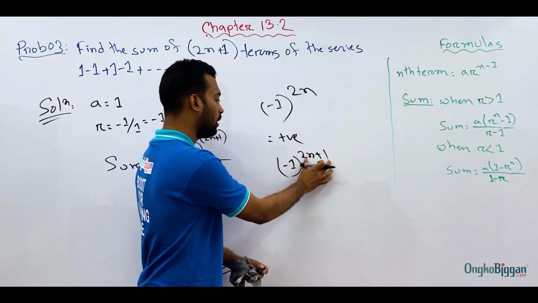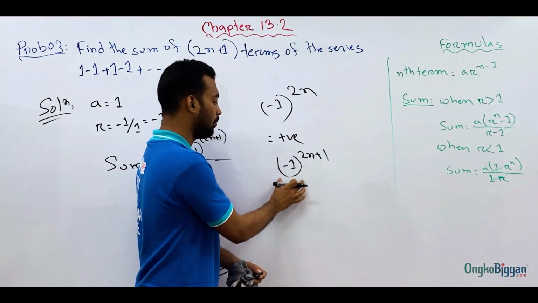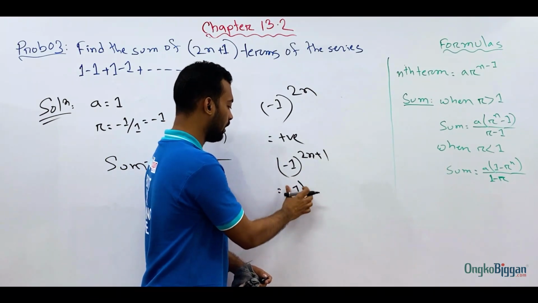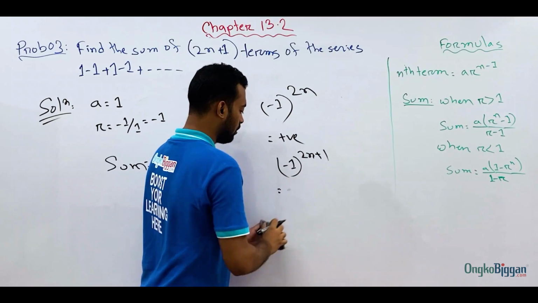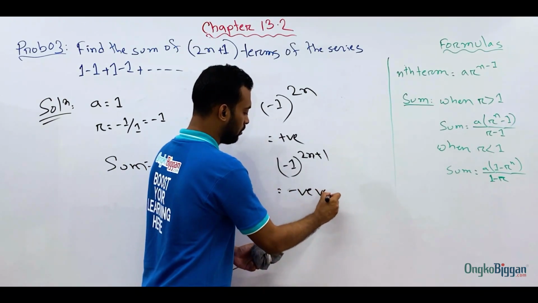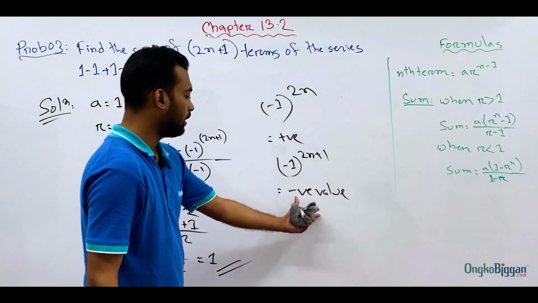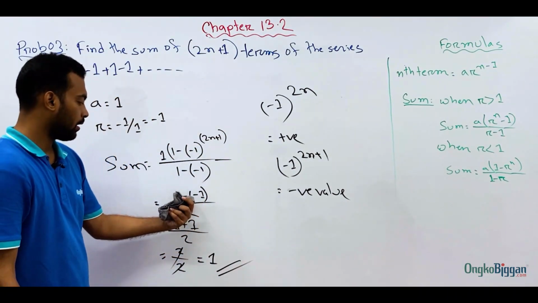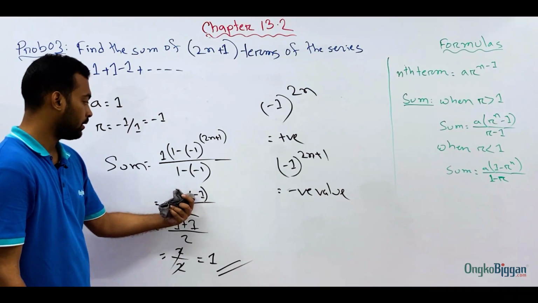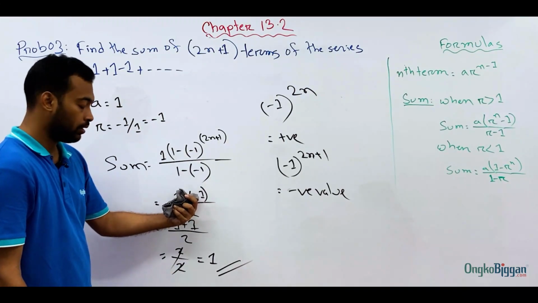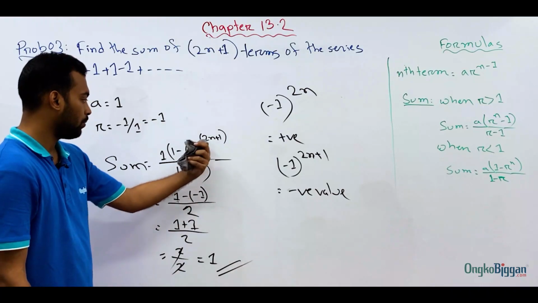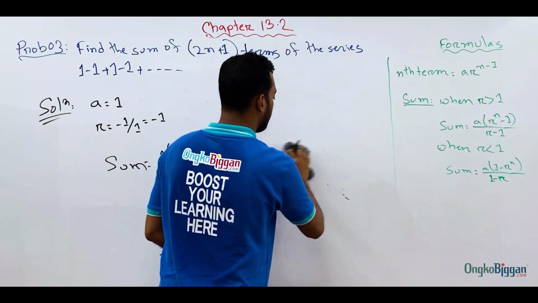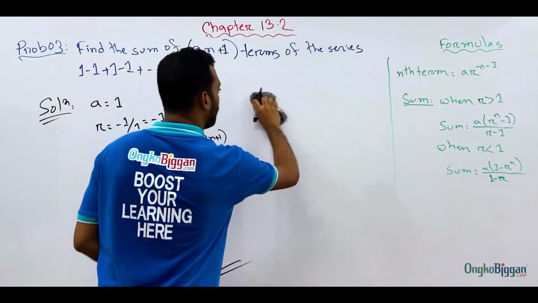When the power is odd and the base is negative, it will always give us a negative value. So using this theory, we have proved that this minus 1 to the power will be minus 1 eventually because the power is odd. This is the only trick in this problem, otherwise it's similar to the previous one.